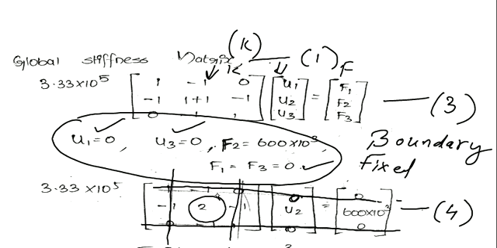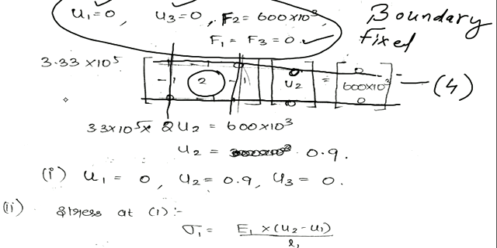So what will be the remaining here? Only 2. So 3.3 into 10 power of 5 into 2, into u2, is equal to 600 into 10 power of 3. Now just substitute this and you find the value of u2, 0.9 millimeter.